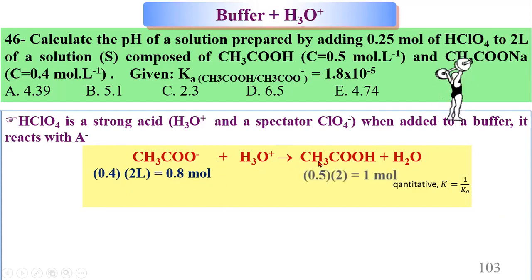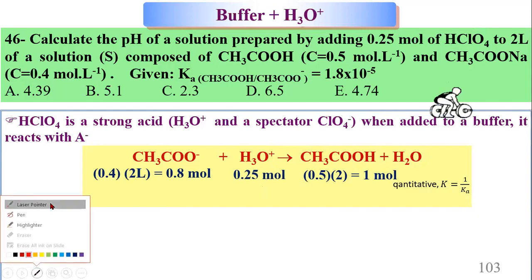On the product side, concentration times the volume. And notice here, the volume happens to be in liters, and so we kept it in liters. So this happens to be a mole chart, so keep it in moles, okay? If your volume is in liters, keep everything in liters and in moles. How much H3O+? It's exactly the amount of HClO4, and therefore it is 0.025.